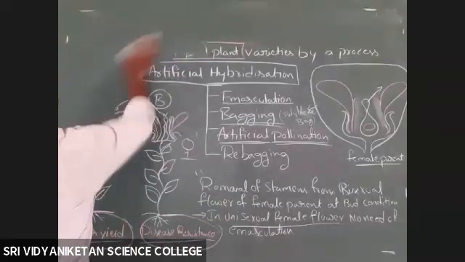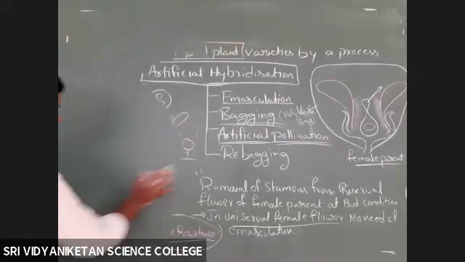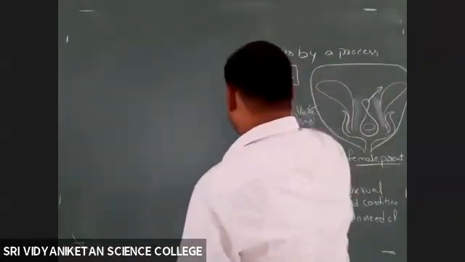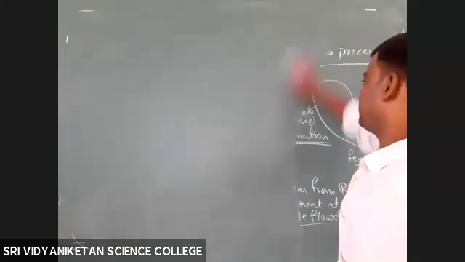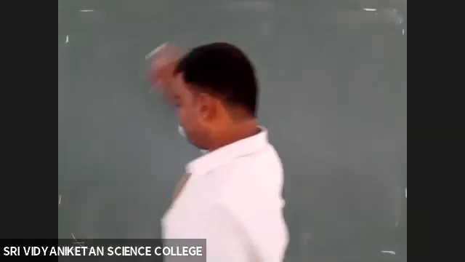The process of artificial hybridization is useful to produce hybrid plants by conducting a cross between two selected plants. So what is the importance of artificial hybridization? Knowledge of pollen-pistil interaction is useful to perform artificial hybridization. Due to this artificial hybridization, there is a chance to produce hybrid varieties, as we just discussed.